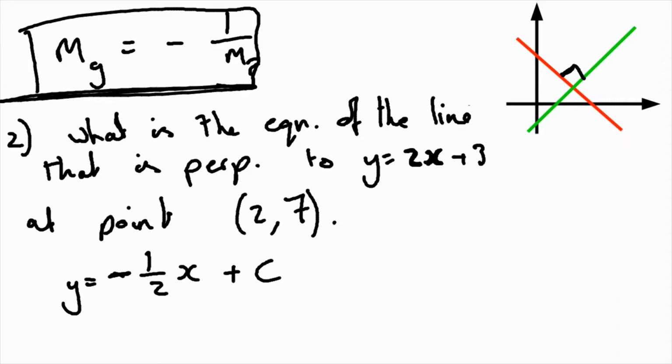And I'm still going to write this plus c because we need to work out that plus c. The thing that allows us to work out that plus c is the coordinate. And what we're going to do is substitute this into our equation here to work out what c is.